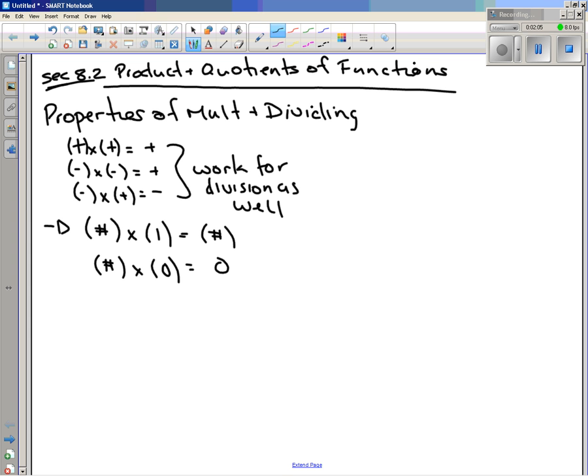We know that any number times something that's very small is going to get really close to 0. And by really small, I'm talking about an exponential as it gets really close to 0, but never actually getting to 0.